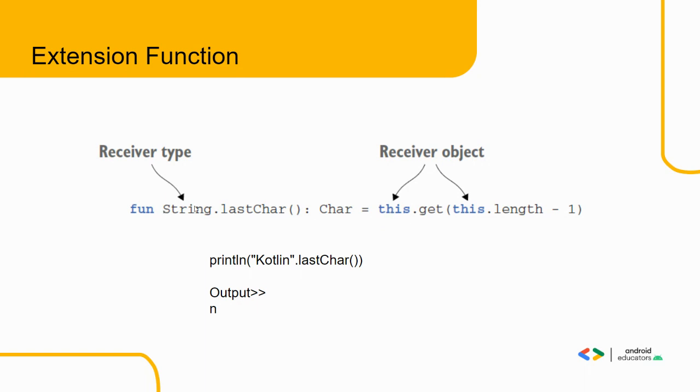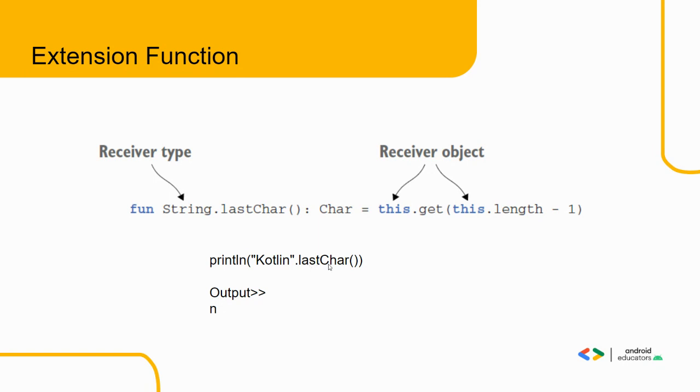Okay, so let's see the example. You can see "Kotlin". It's a string, right? And the way we call the last character, it looks like it's from the String class. It doesn't look like it's from some utility class. So this is the advantage of extension functions, that it gives you the idea that it's from that class.